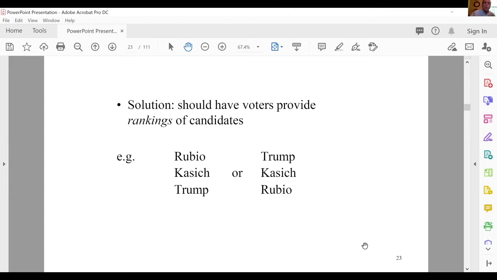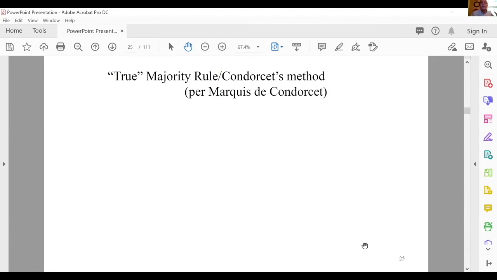So voters will be ranking candidates rather than just indicating their top choice. And then the question is, well, what do we do with these rankings? And I'd like to argue that actually a very old method, a method proposed by the Marquis de Condorcet in the 18th century, is a good way to go in determining the winner.